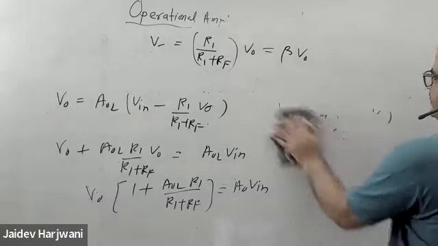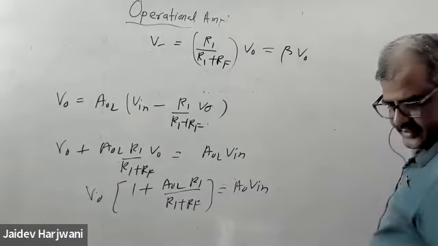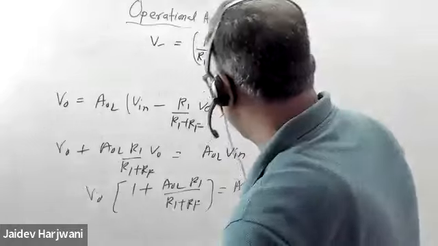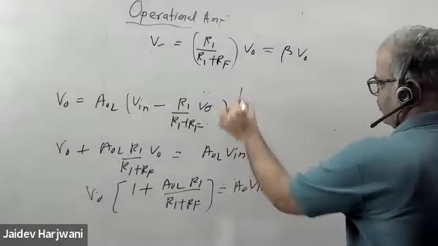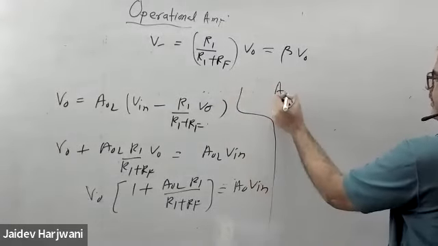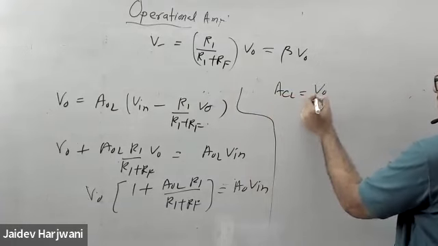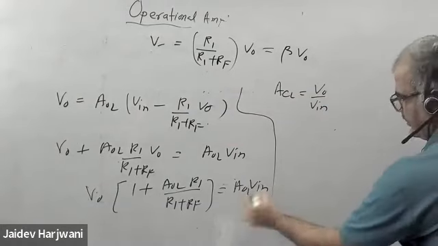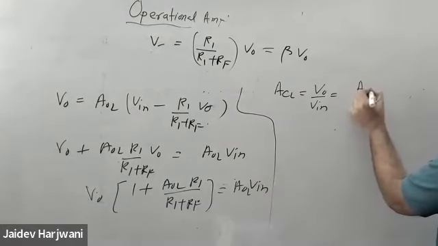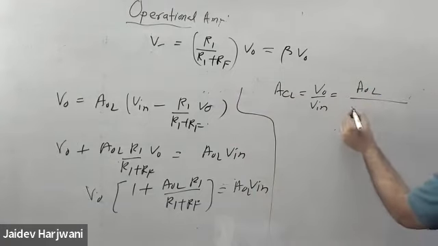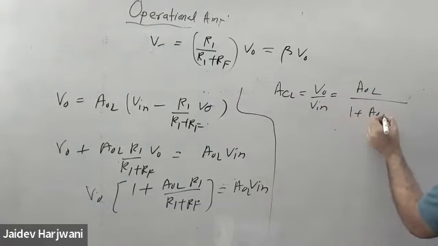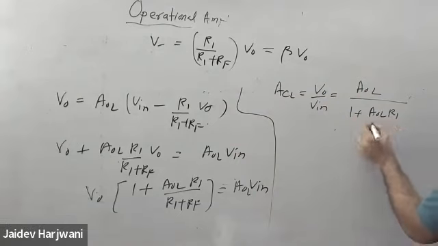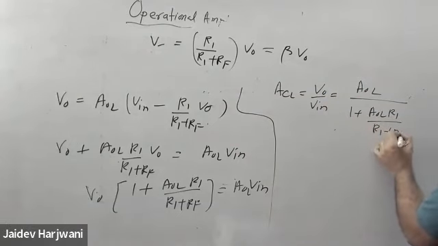And from here, I can calculate the closed loop gain ACL, V naught upon V input. What will come? That will come AOL upon 1 plus AOL R1 upon R1 plus RF.